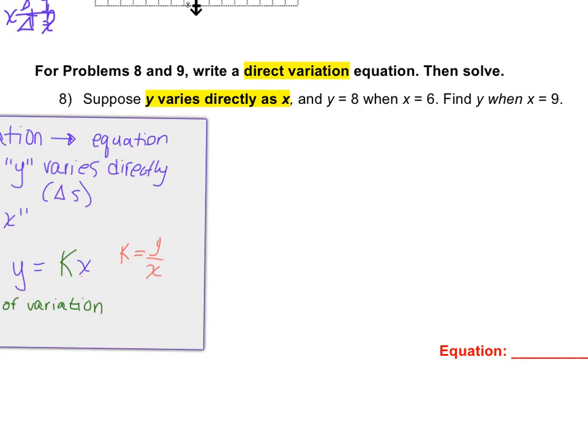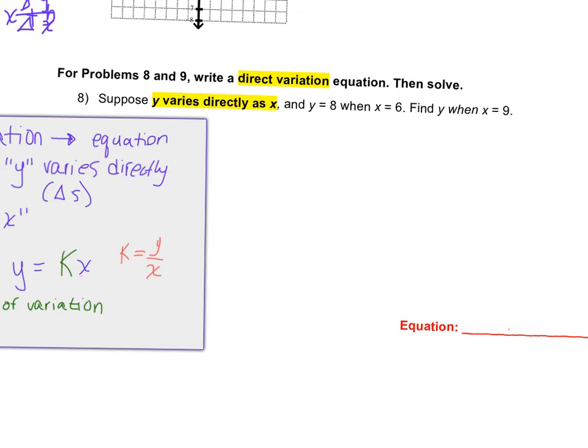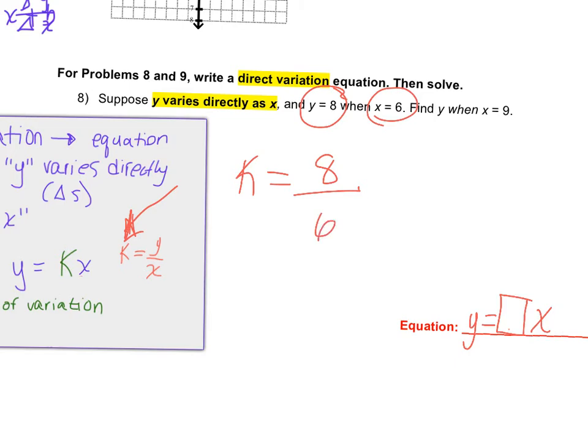I know that the equation is going to be y equals kx, but I don't know what k is. I do know that if you wanted to get k, it's y divided by x. And I know that y is 8 and x is 6. So k is going to be 8/6, which is really 4/3.